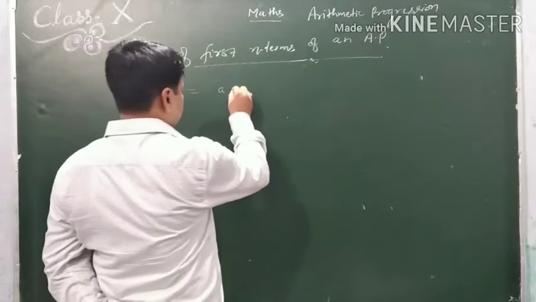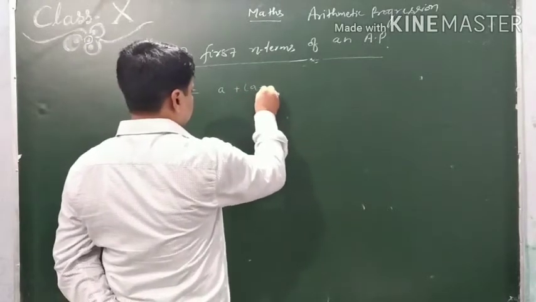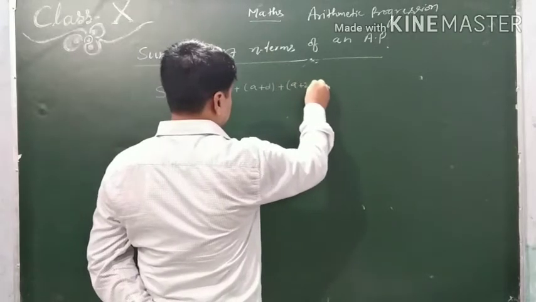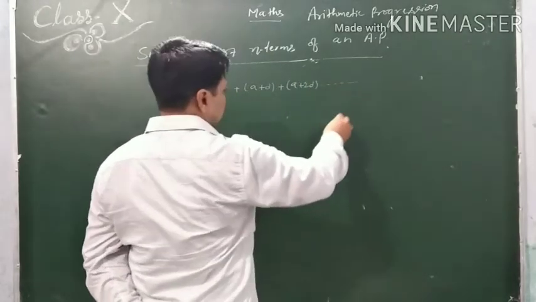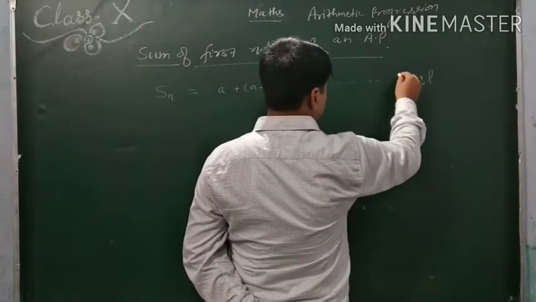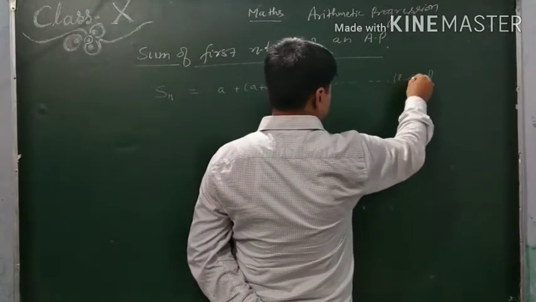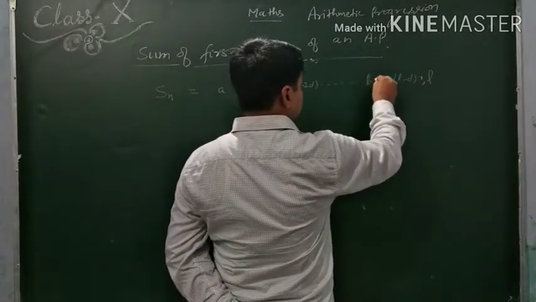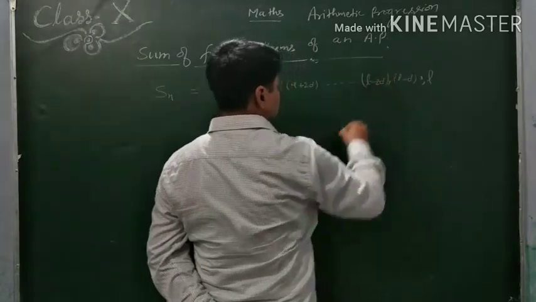Then the second term is a plus d. The third term is a plus 2d, and similarly the last term will be L, the second last term will be L minus d, and the third last term will be L minus 2d, like this.